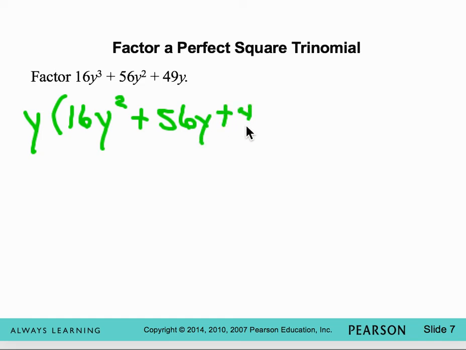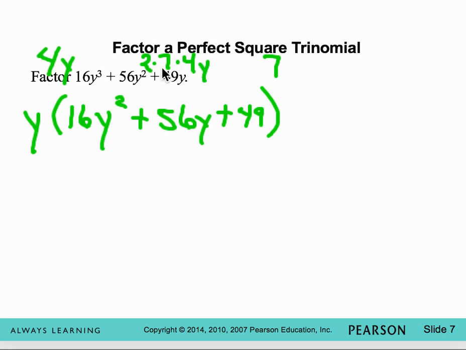But hey, 16 and 49, it's real easy to tell if these are squares right off the bat. 16 is 4 squared, and of course y. 49 is 7 squared. So my question is, is that middle term 2 times 7 times 4y?